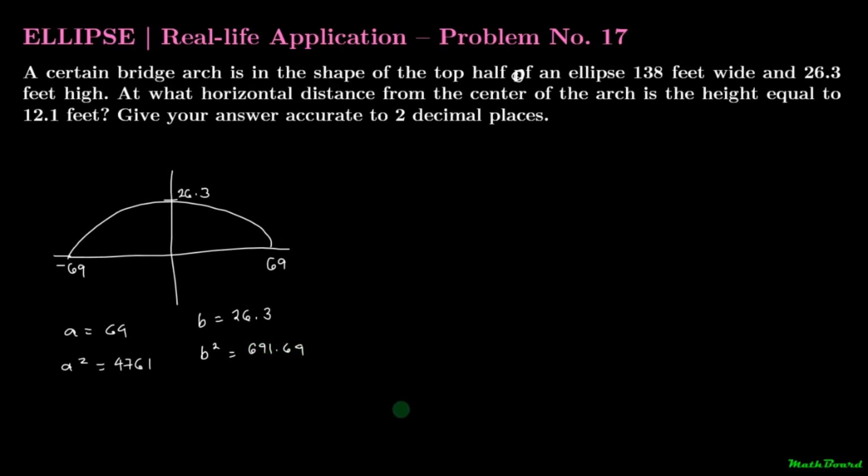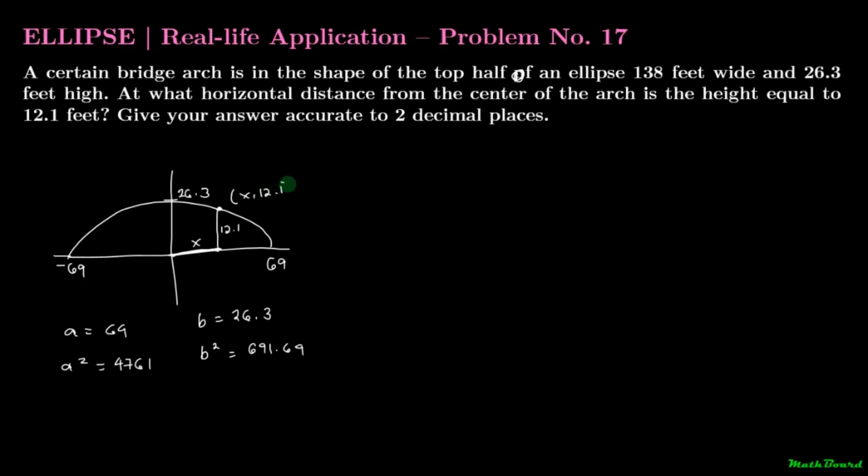Ngayon, ang tinatanong sa problem ay yung horizontal distance pala. Kung ito daw ang height na 12.1 feet, gaano kahaba yan? So, x yan. So, anong coordinates ng point na to? X yung missing.